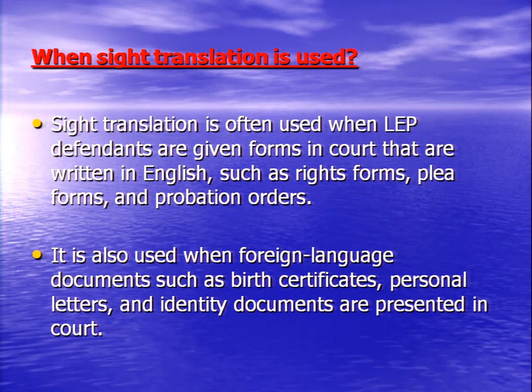It's also used when foreign language documents such as birth certificates, personal letters, identity documents are presented in courts. Yeah, in some of the trials, they come up with certificates that they want to prove to the court, or letters. So that's a common thing.